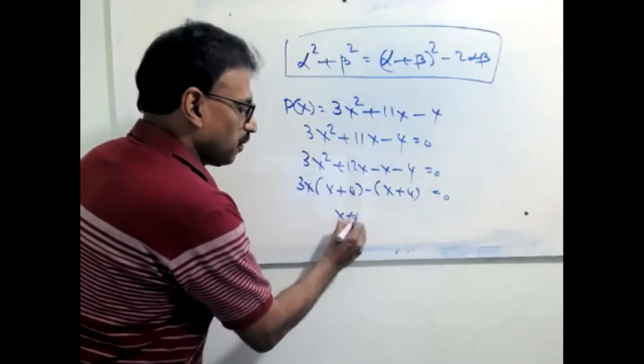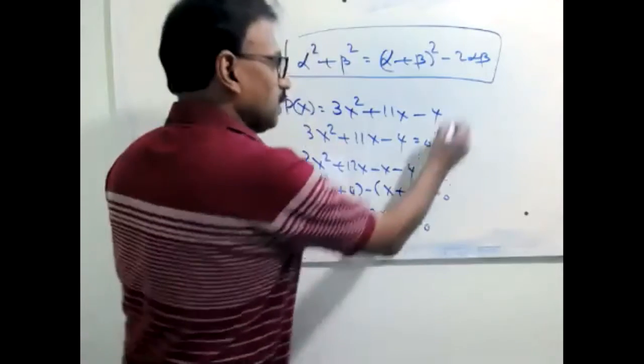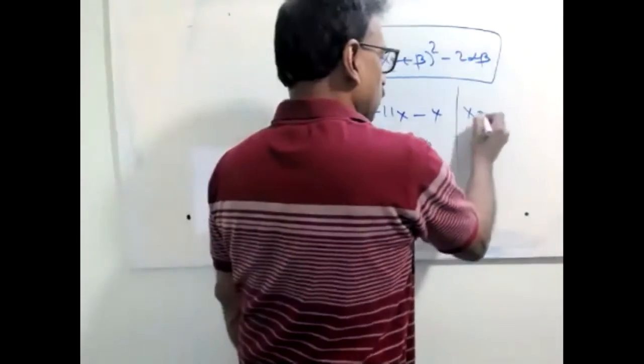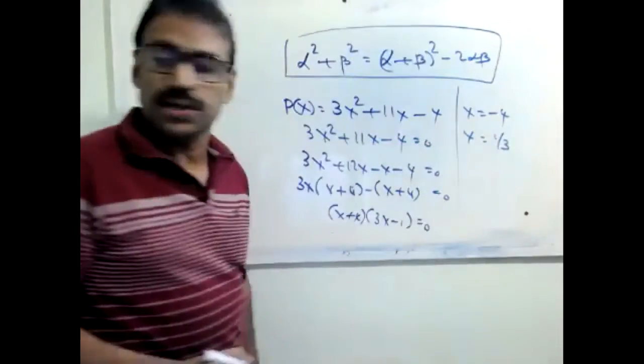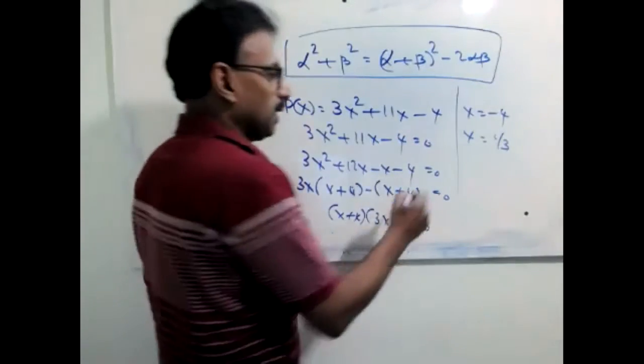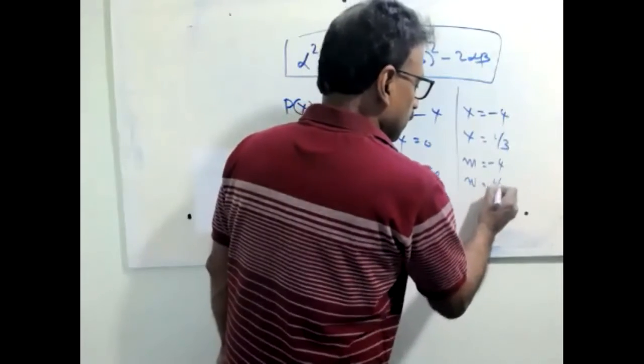Then x plus 4 into 3x minus 1 equals 0. Therefore x equals minus 4 and x equals 1 by 3. Then m equals minus 4, n equals 1 by 3.